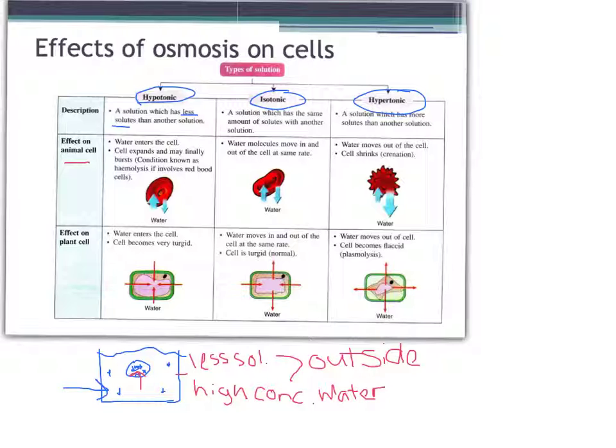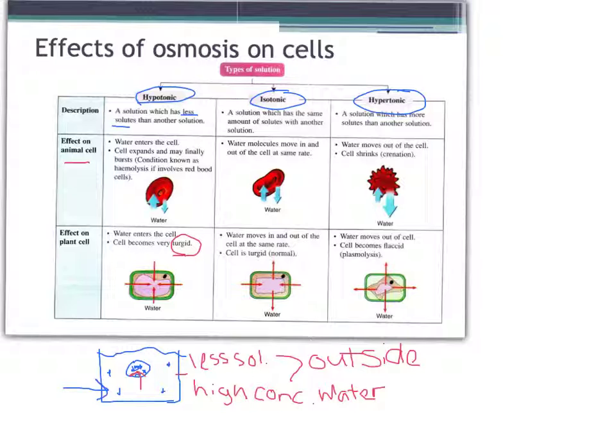What happens with a plant cell is water is going to enter the cell and it's going to become very turgid. And this has to do with the fact that we have a cell wall and a cell membrane. So remember, the cell wall is going to provide some structure, but the vacuole on the inside of a plant cell is going to fill up with that water.